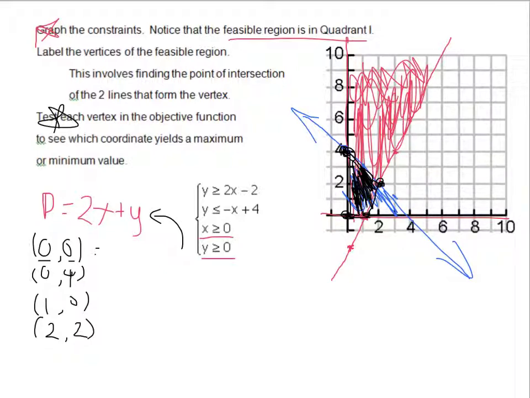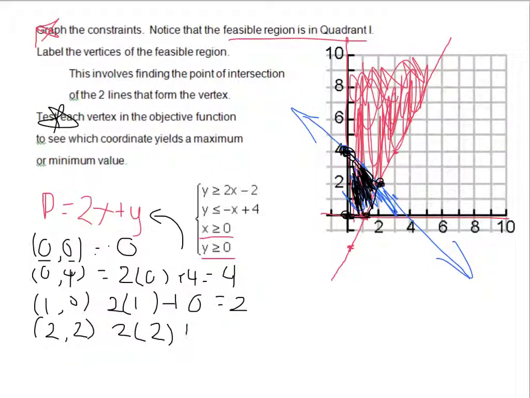So it's going to give me 2 times 0 plus 0 is 0. 2 times 0 plus 4, let me go ahead and write this out so we don't get lost, is 4. 2 times 1 plus 0 is 2. And then 2 times 2 plus 2 is 6.